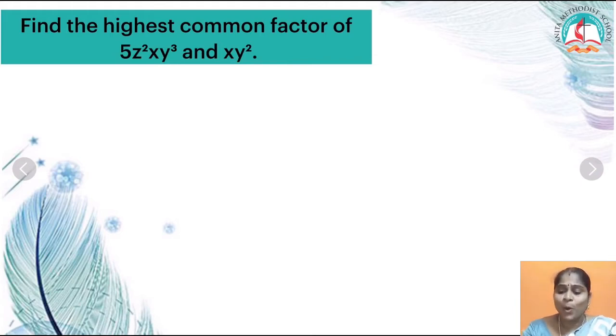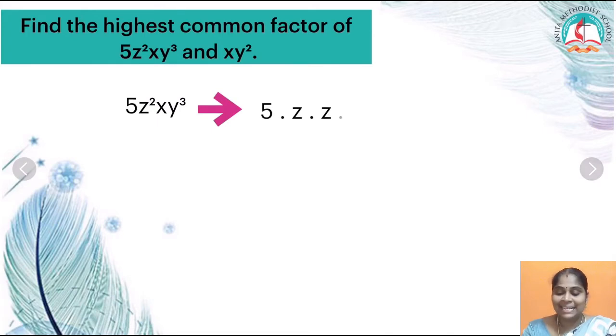So what is the product of irreducible factors for 5z square x y cube? 5 is already in irreducible form. Z is 2 times, so z into z. So we write 5 into z into z into x, 1 time, and y cube, so y is 3 times, y into y into y. So this is the irreducible form of 5z square x y cube.